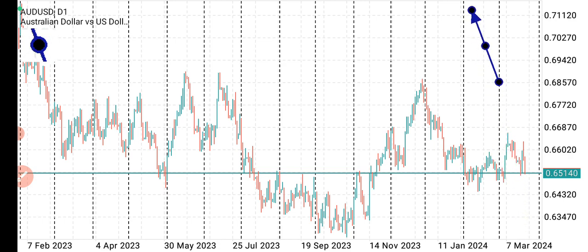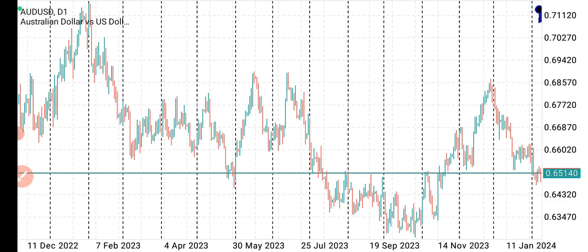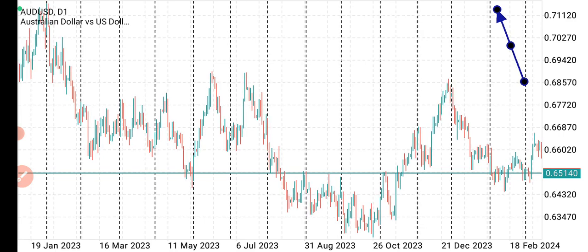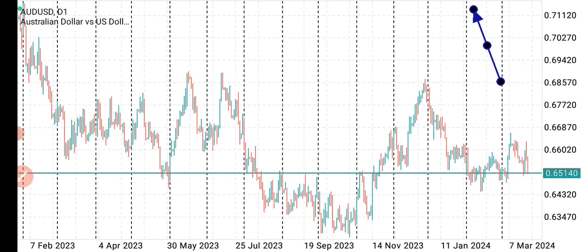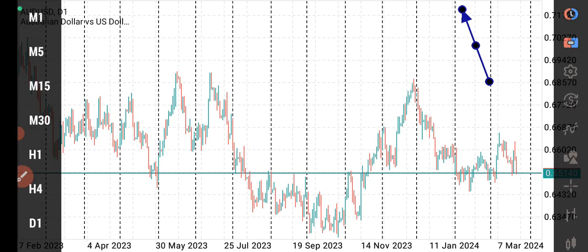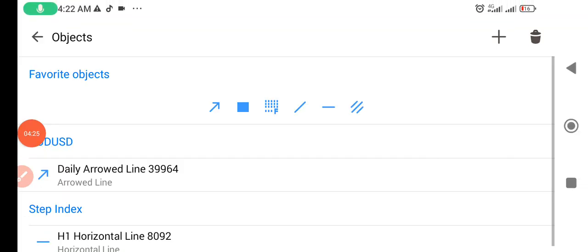And then after that you bring it back to the normal zoom level. But remember, this particular squeeze will only help you to identify points of reaction. We won't be able to get the points of failure, but let's mark our support and resistance.